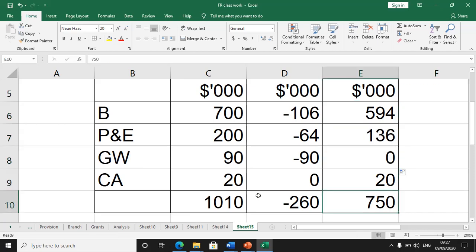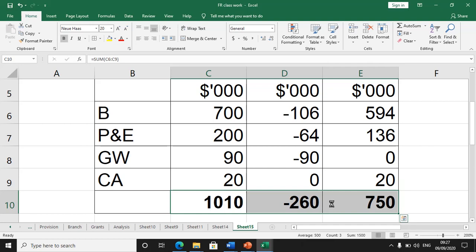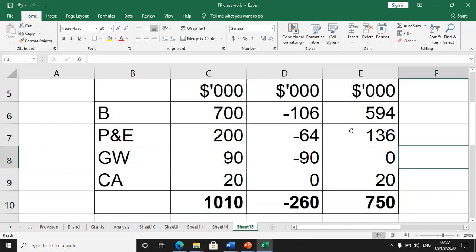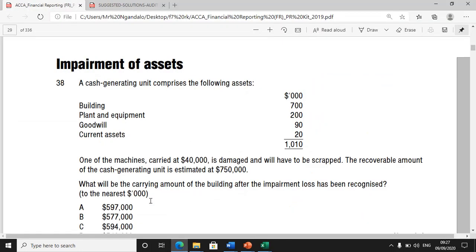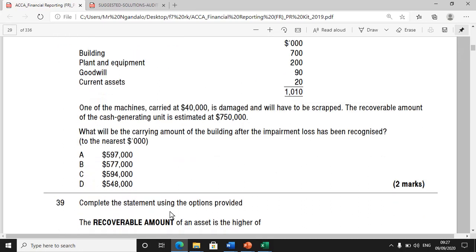So if I try to check, my totals should be tying in this particular equation. So thank you very much. We were targeting buildings. So if we check our options, I think you should be able to see that the figure that we now have for buildings is 594.